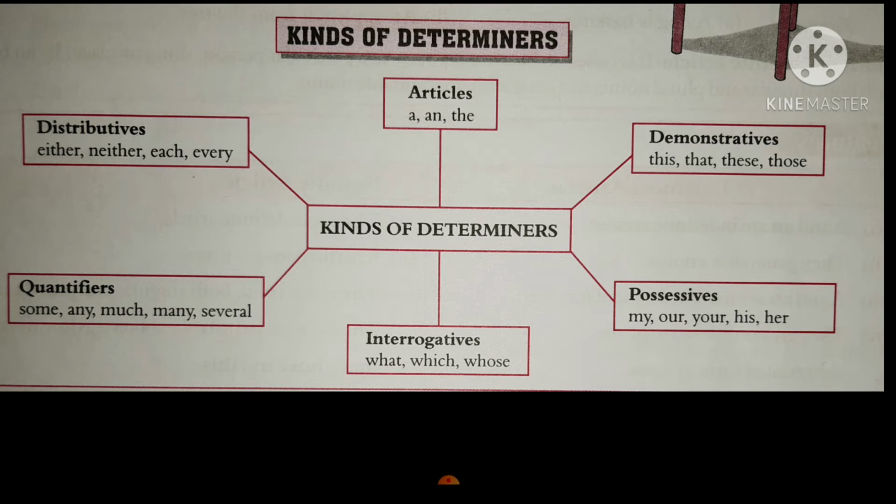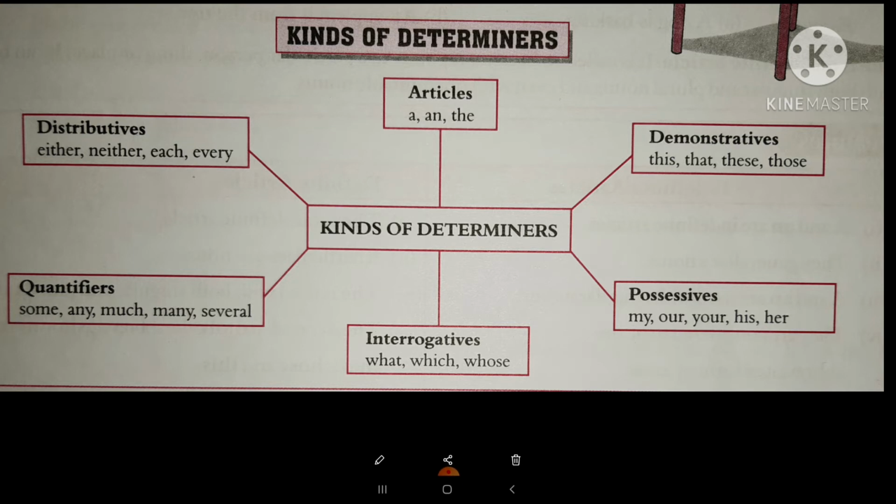And the next one is each. Each we use to indicate things separately, one by one. That is the specialty of each. With either we are giving an option, with each we are giving a separate level to both the options. And we use each when we refer to a small number or when the group is limited and definite.